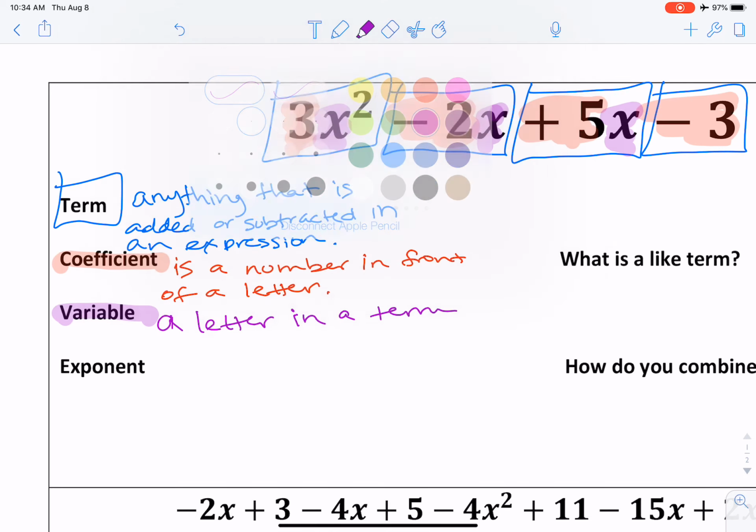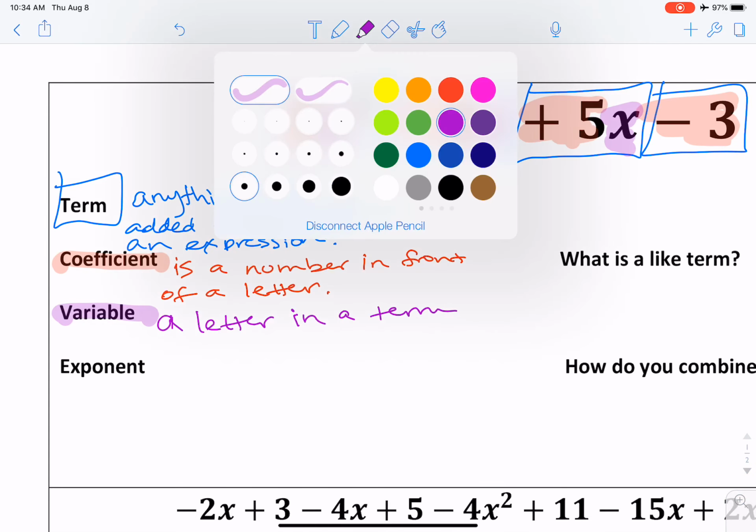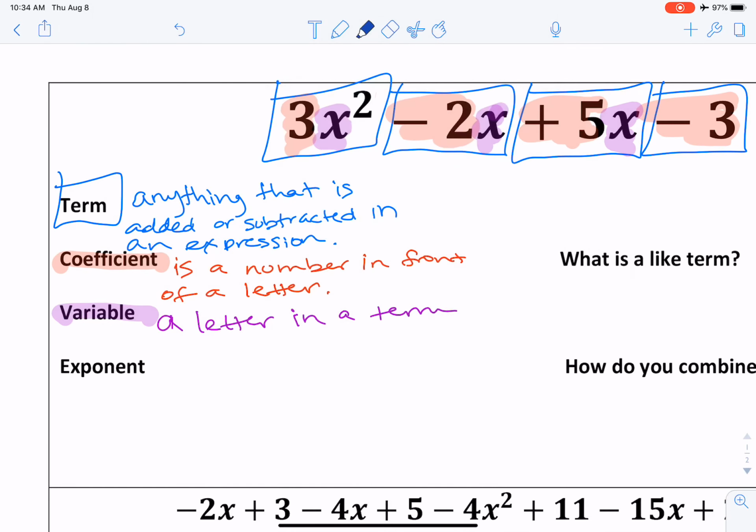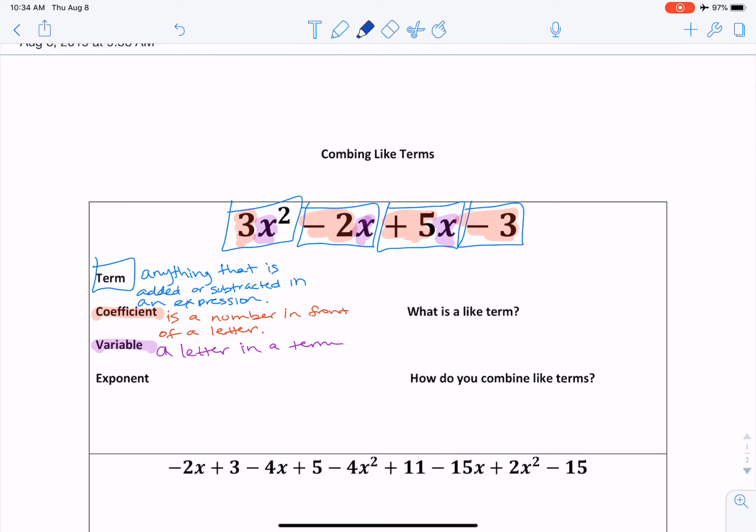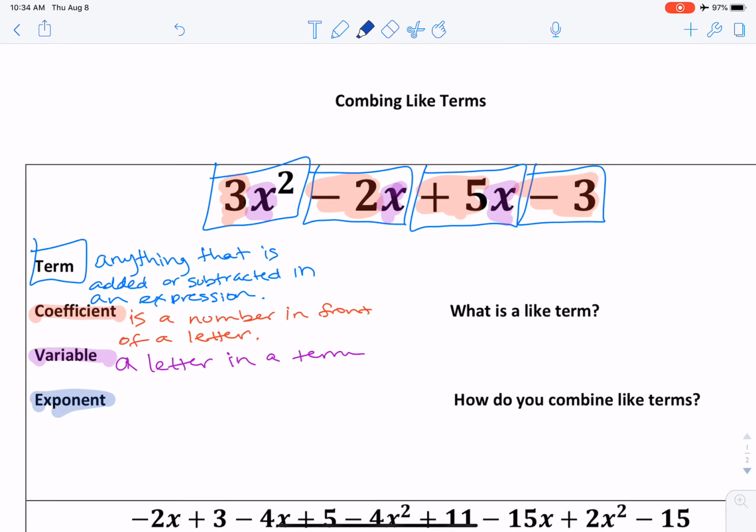Okay, and then last, we're going to talk about the exponent. Do that one blue. So our exponent is when our coefficient or variable is raised to a certain power. It's always going to be a little number that looks higher up. So in our expression, this 2 is an exponent. None of the other terms have an exponent.